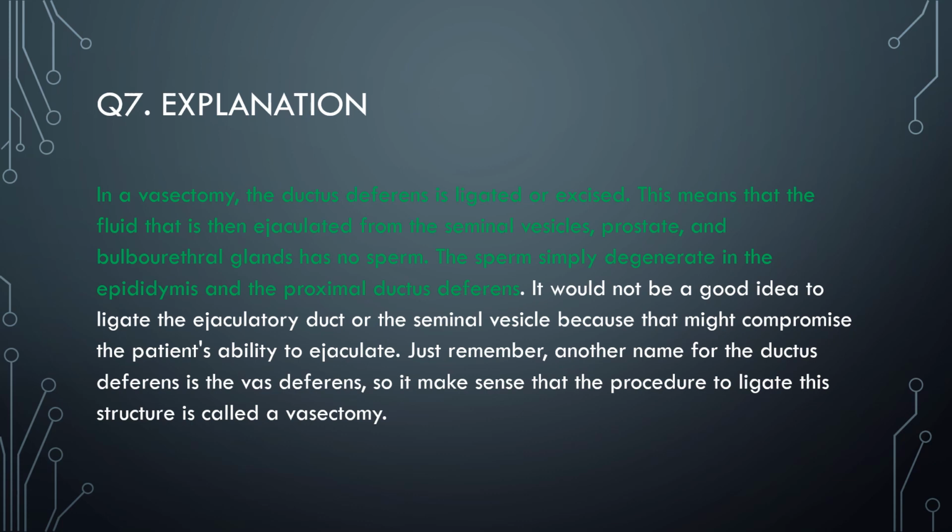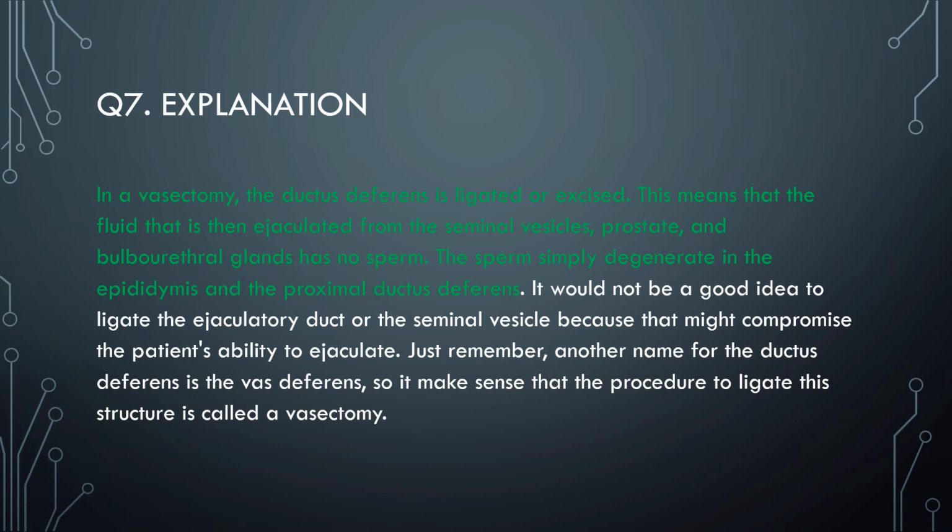The sperm simply degenerates in the epididymis and blocks the ductus deferens. And you have to tell your patient that during a vasectomy there is no big concern, because the sperm are not going to accumulate in the epididymis. No, they are going to be degenerated.